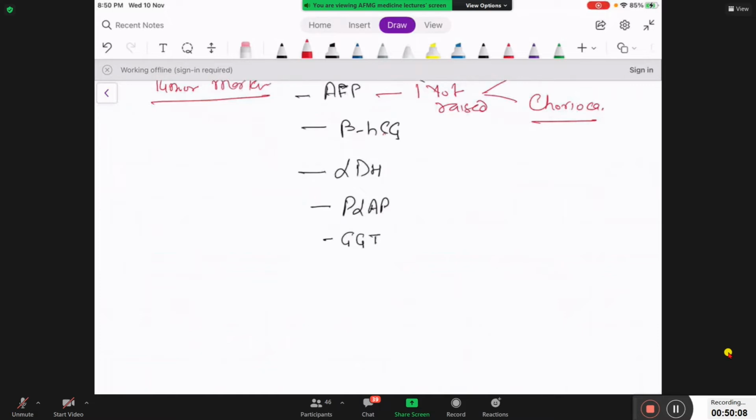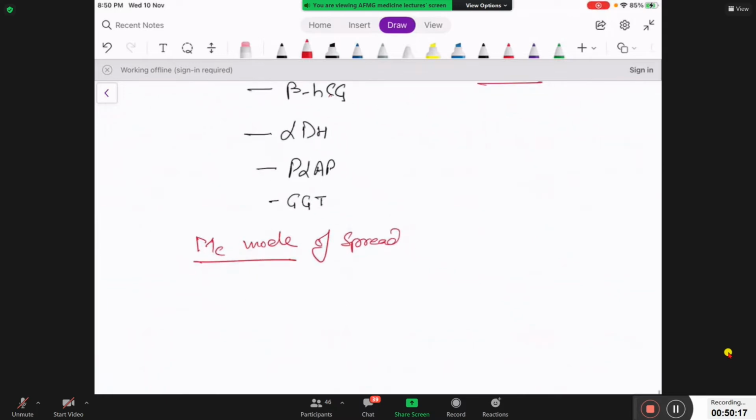And the most common mode of spread of testicular malignancy is lymphatic.